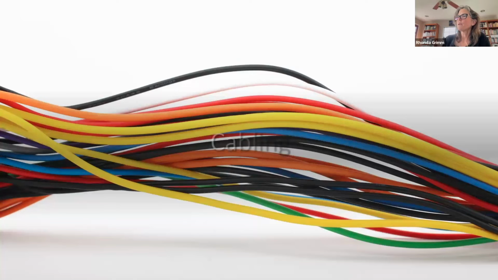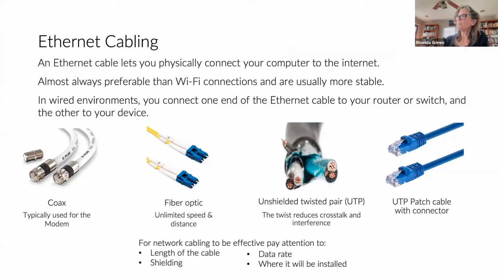So let's start with cabling. I'm conscious of the time, so we're doing well. So cabling, there's all kinds of different Ethernet cabling you're going to run into on your network. Your coax, fiber optic, that has unlimited speed and distance.